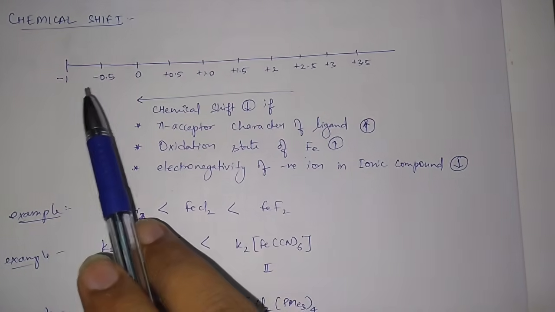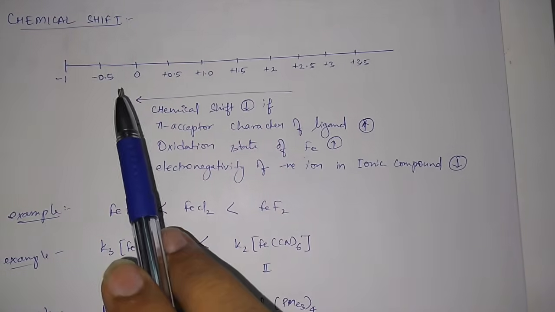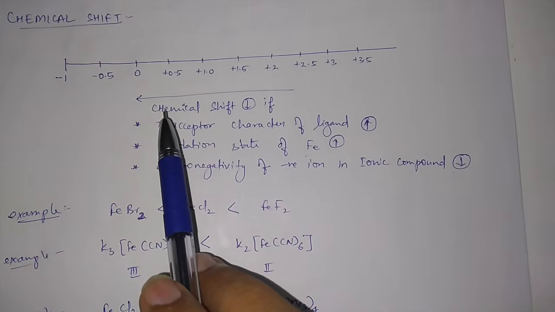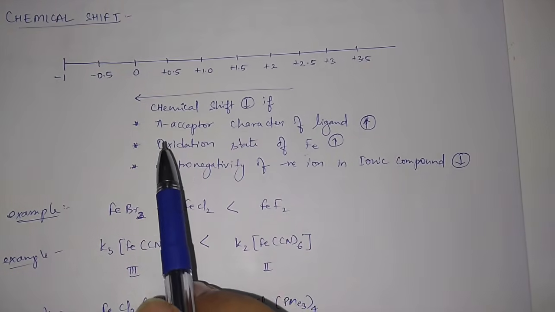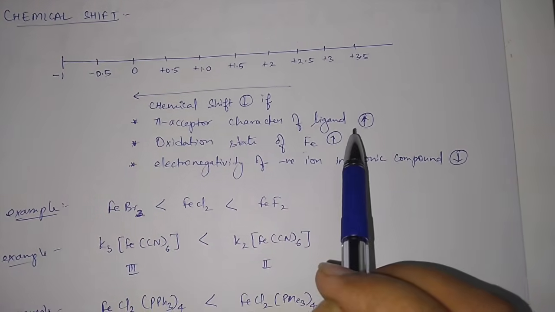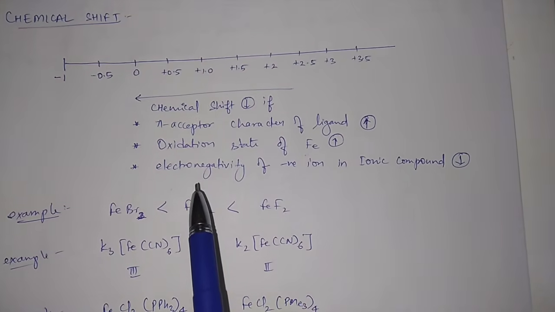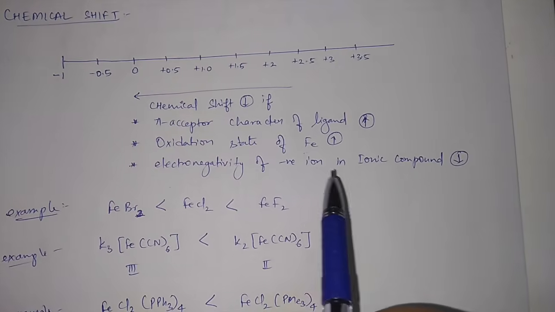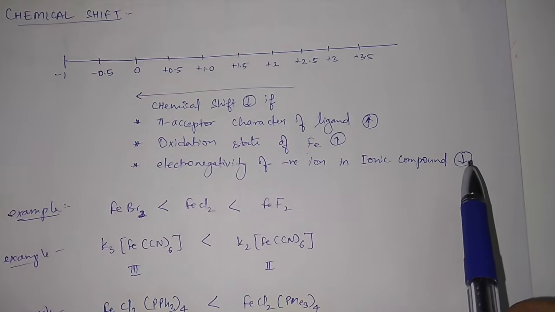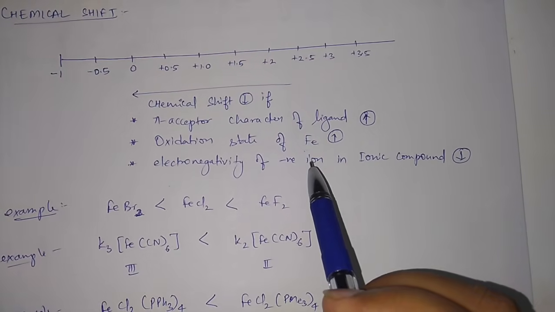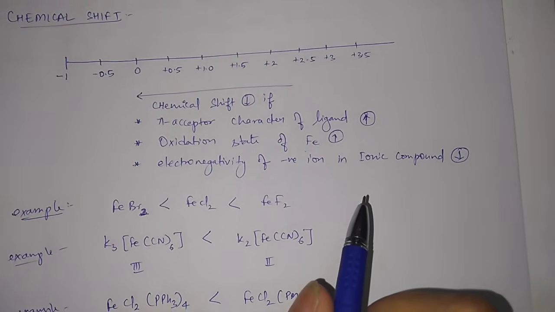See, this is the way the chemical shift will be denoted on this number line, and the chemical shift will decrease if the pi acceptor character of the ligand increases, the oxidation state of iron increases, and the electronegativity of the negative ion in the anionic compound decreases. So these are the three conditions. If any of these conditions are present, then the chemical shift will decrease.